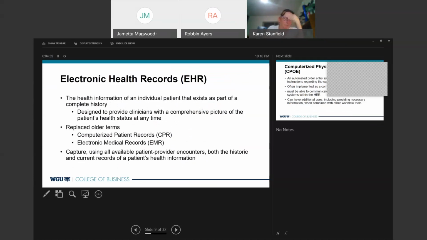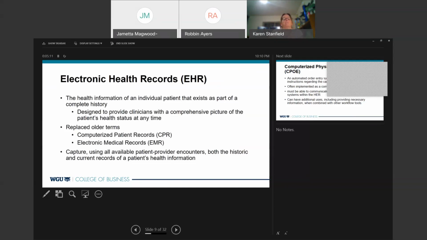Electronic health records. The health information of an individual patient that exists as a part of a complete history. Remember, I said the electronic health record is what feeds the patient portal. It's not that you have access to the entire healthcare record, but that patient portal is designed to extract specific identifiers and information from the electronic health record, so that, one, you can have access to that, right, and be more aware.